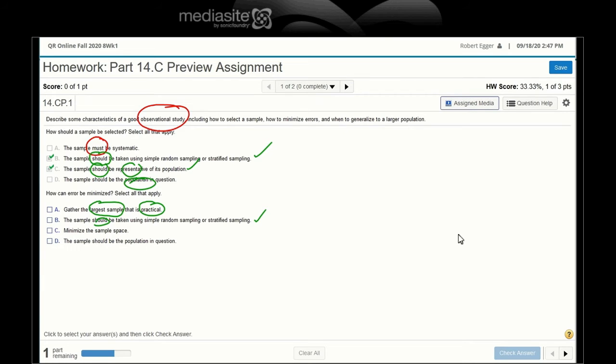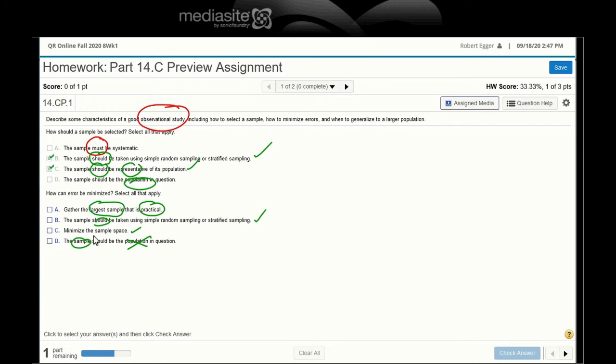Minimize the sample space. The sample should be the population in question. And again, the reason we're doing sampling is to not have to do the population. Minimize the sample space. We never even talked about that one, but that's literally going for as small a sample as you can possibly do.